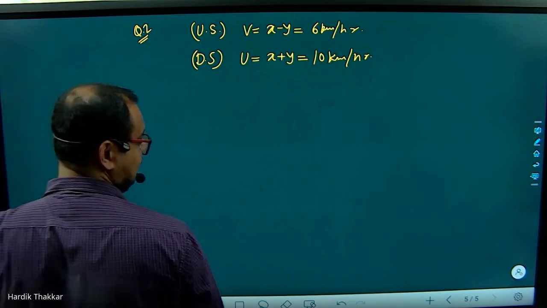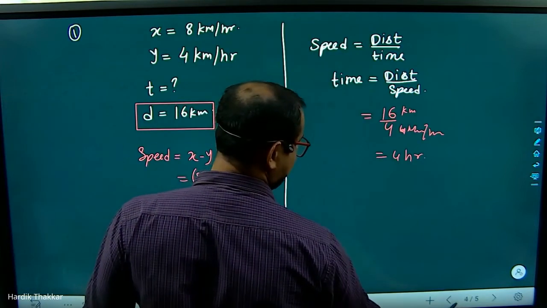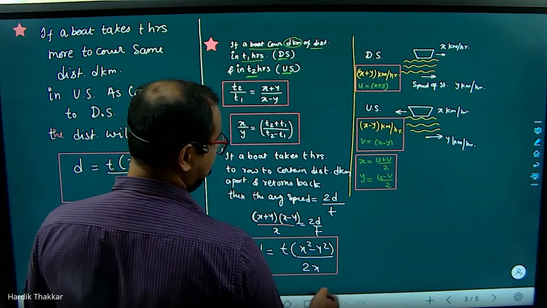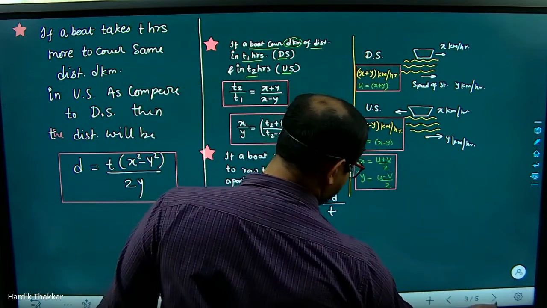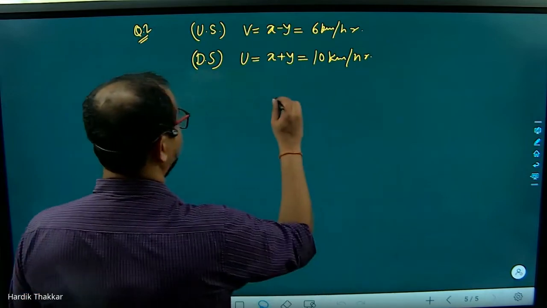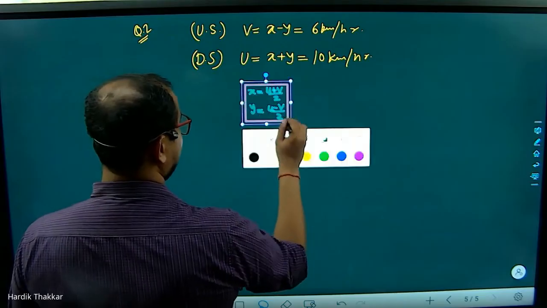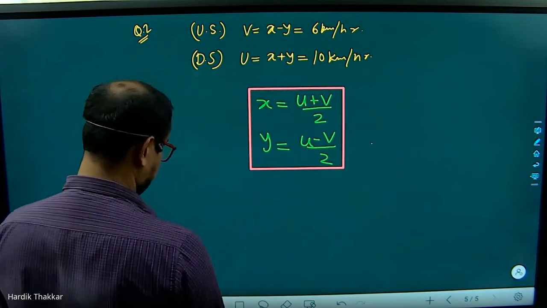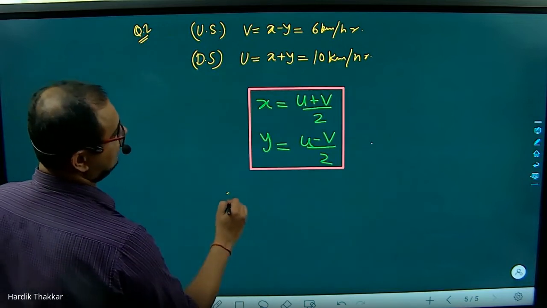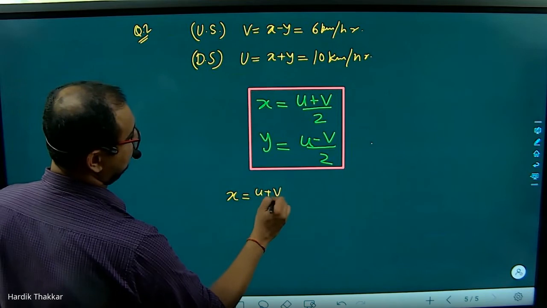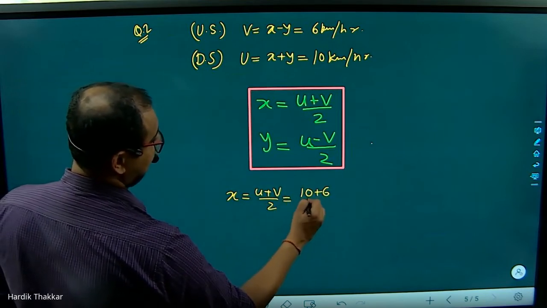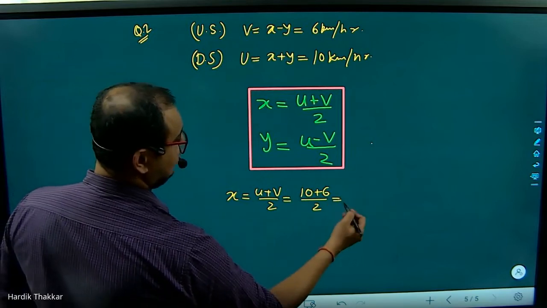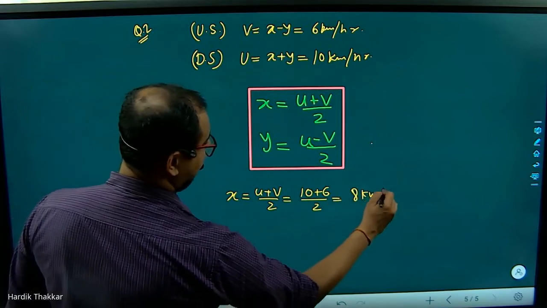Now you have to determine the speed of stream and the speed of man in still water. We have seen the formula for that. We can use the substitution method, or we can directly use the formula we have seen and written as a note point. Just use this and you will find x and y. So simply x is equal to (u plus v) by 2, and here u is 10, v is 6. 10 plus 6 by 2, so it is 16 by 2, that is 8 kilometer per hour.